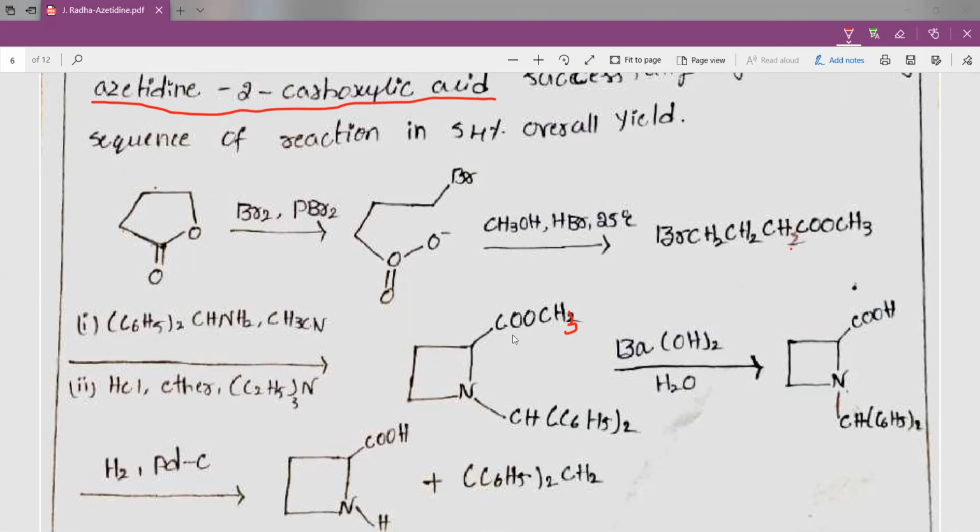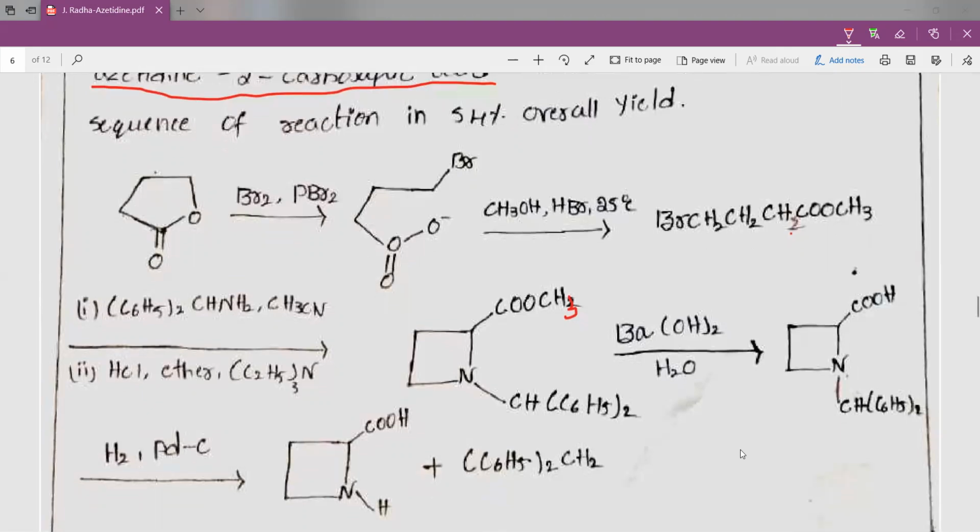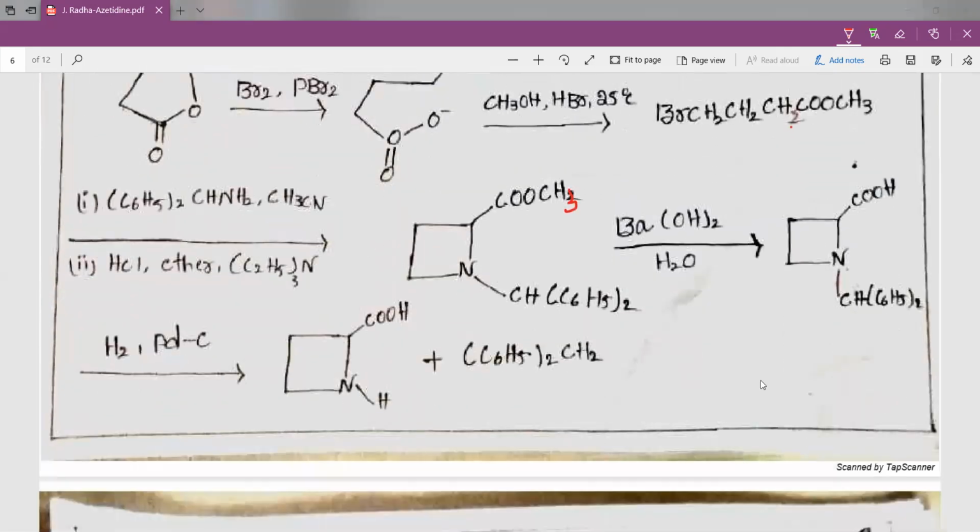It contains the ester function COOCH3. This is hydrolyzed to the carboxylic acid with barium hydroxide. Then hydrogenolysis will remove this alkyl group.